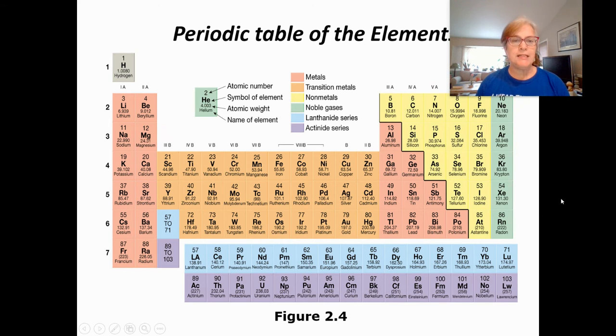So here's our periodic table again, just showing you each of those are different atoms. And I want to show you what the numbers mean. This atomic number is at the top. See how they all have an atomic number? What this means is this atom has 3 protons. This atom has 4 protons. This atom has 5 protons.